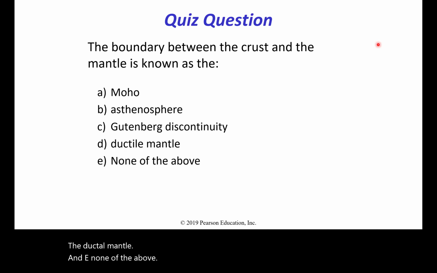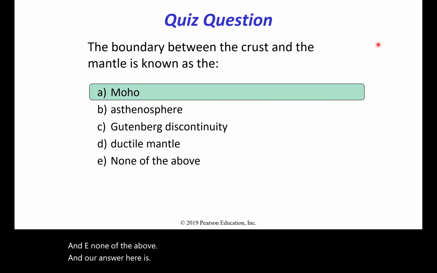And our answer here is A, the moho, or the Mohorovičić discontinuity. Not the Gutenberg discontinuity. That would be easy to pronounce. It's the Mohorovičić discontinuity.